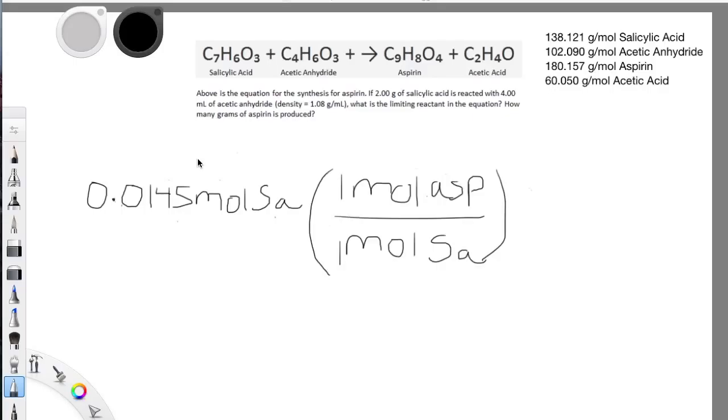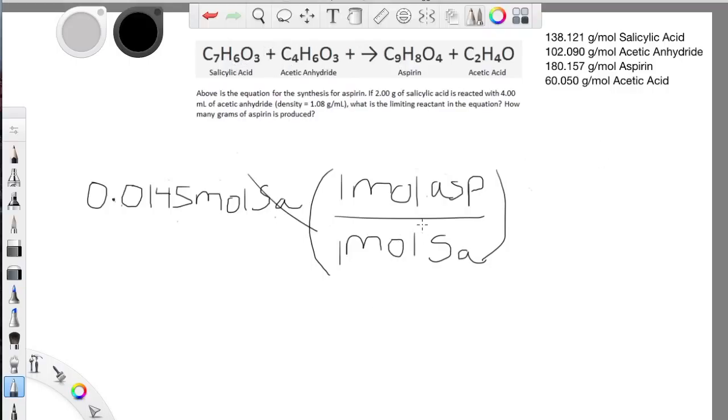We want to make sure that salicylic acid is in the denominator of the conversion factor so we can cancel them out. So when we have 1 mole of salicylic acid, we produce 1 mole of aspirin. This is a pretty easy equation because all the ratios are just 1 to 1. We cancel out salicylic acid and we end up having 0.0145 moles of aspirin.